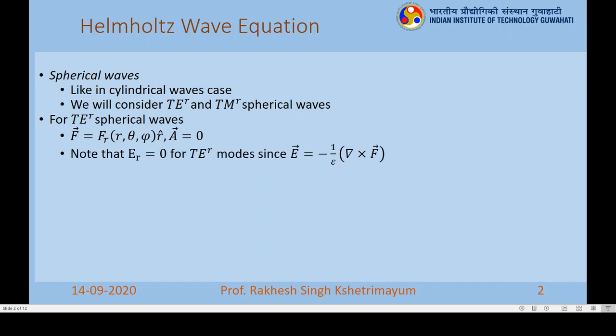In that case, you can also observe that electric field was represented as minus 1 by epsilon curl of F. So when I do curl of F and F has only a radial component, Er should be equal to 0. So this satisfies the condition that electric field will not have any radial component.